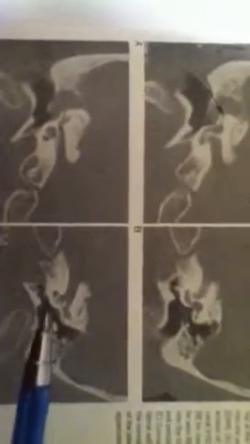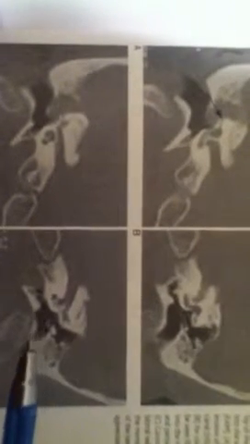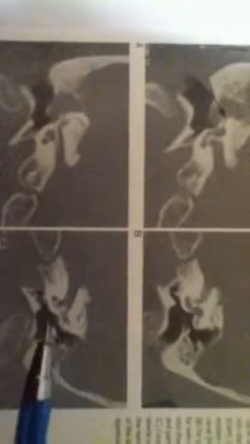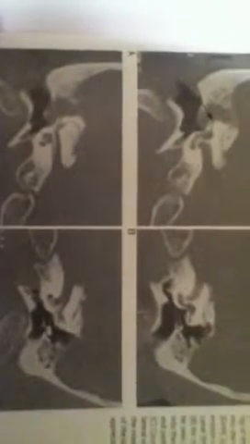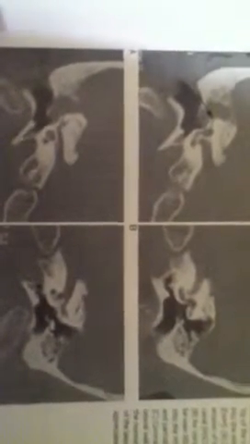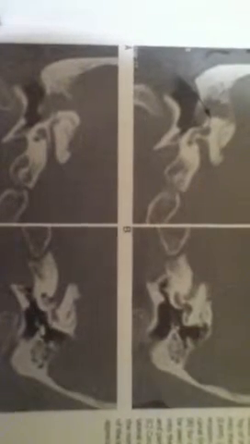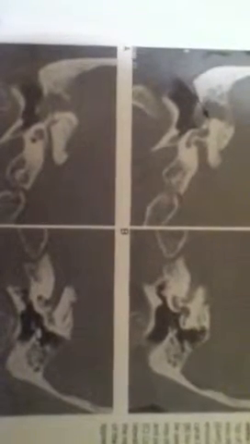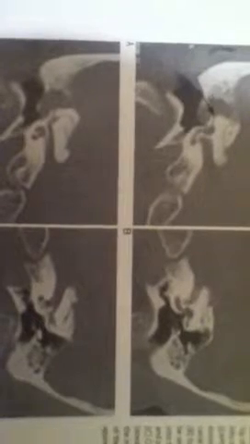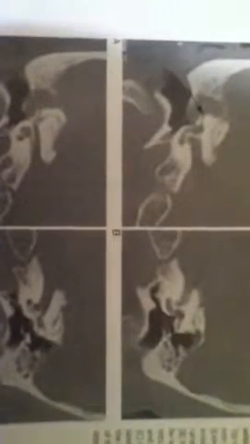Look for the malleus incus and stapes, whether they are there or destroyed, and also look for erosion. So chronic suppurative otitis media is considered safe type if there is no bony destruction, and unsafe type if there is bony destruction. So this is a case of unsafe chronic suppurative otitis media.